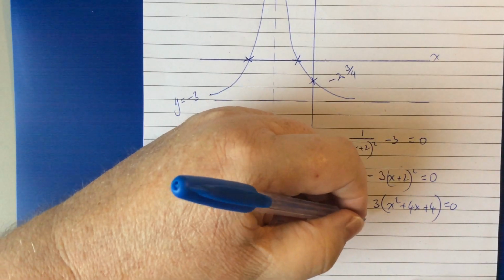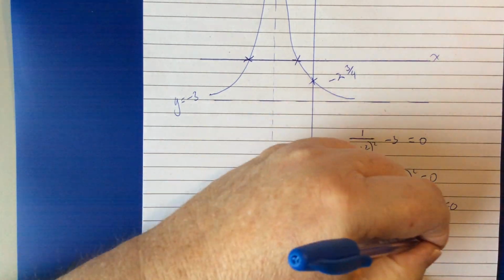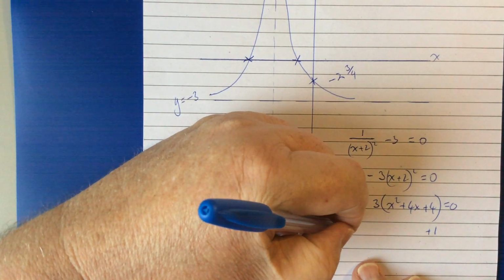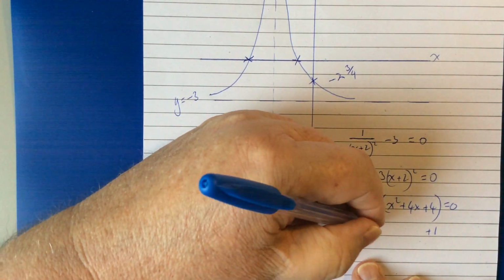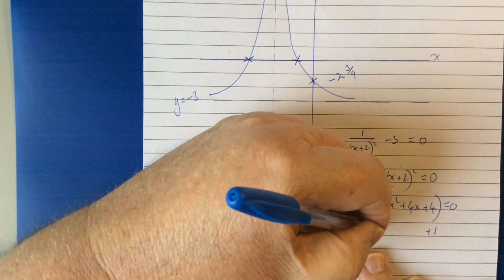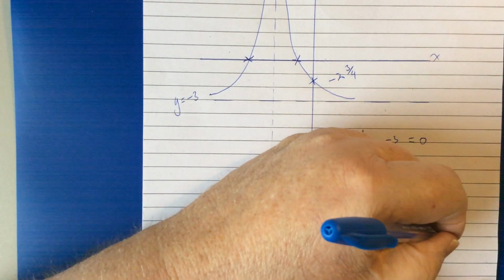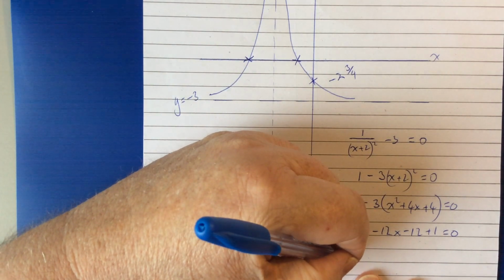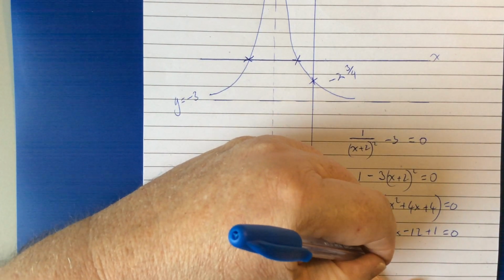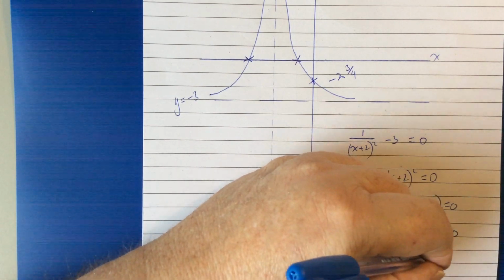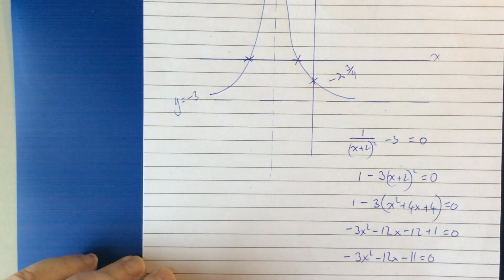And if we tidy that up some more, we get -3x squared minus 12x minus 12 plus 1 equals 0. And so we have -3x squared minus 12x minus 11 equals 0. We have that to solve for 0.